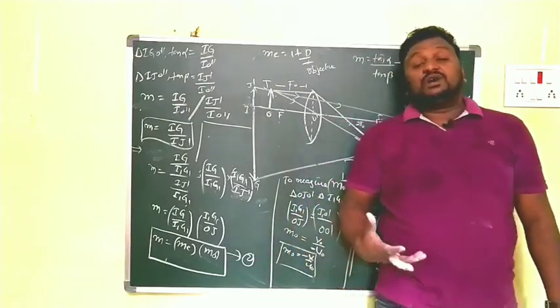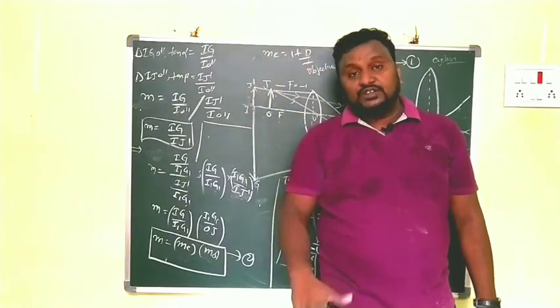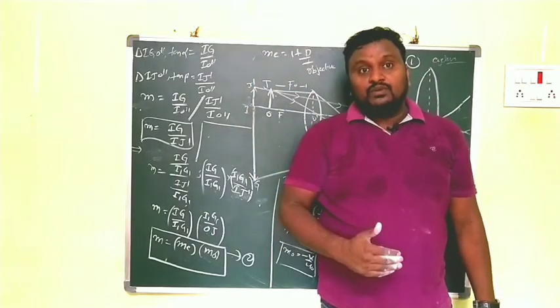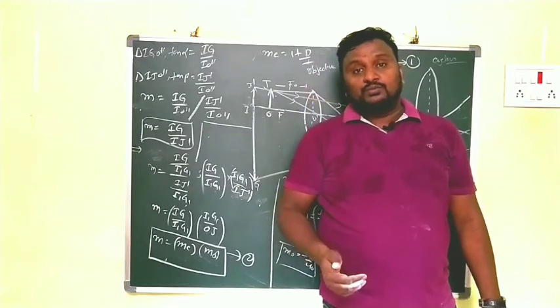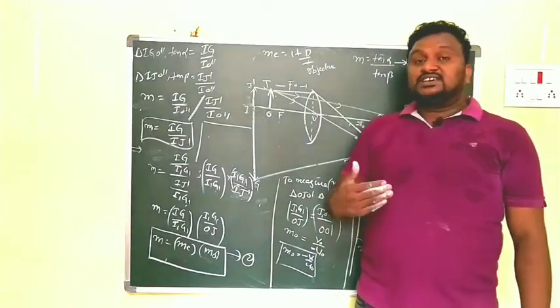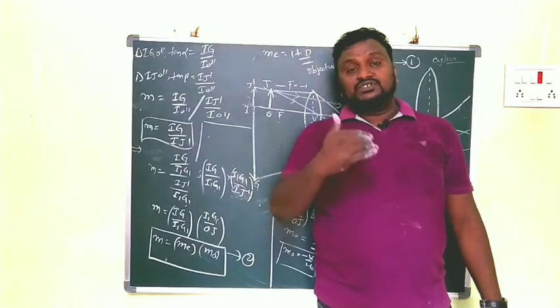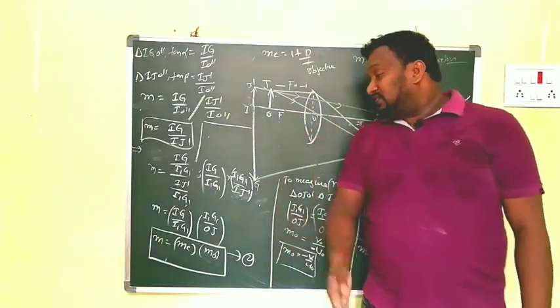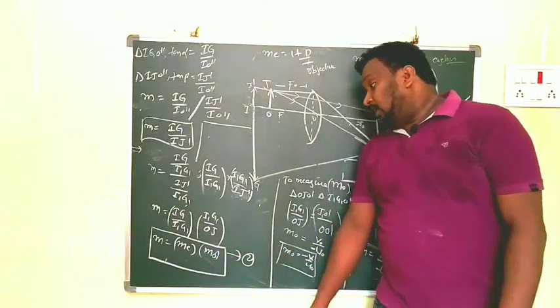The general definition of magnification is the size of the image by the size of the object. Magnification M is equal to V by U. Formula: M is equal to V by U. That means magnifying power is M is equal to HI by H naught, or M is equal to minus V by U. From that we are writing size of the image by size of the object.